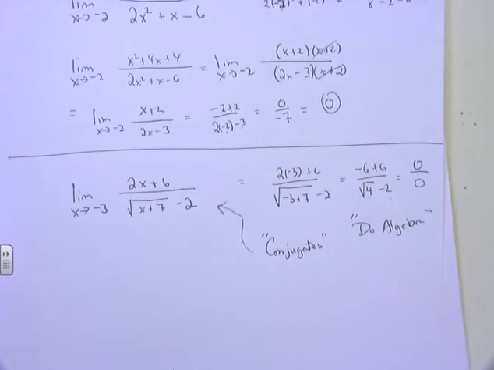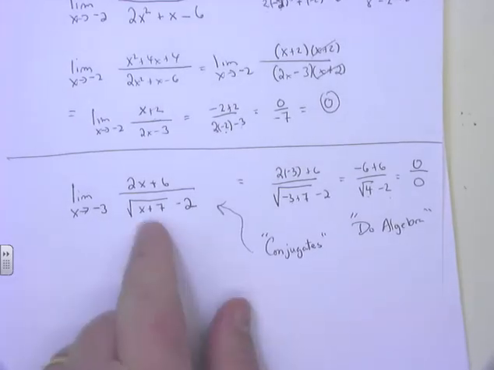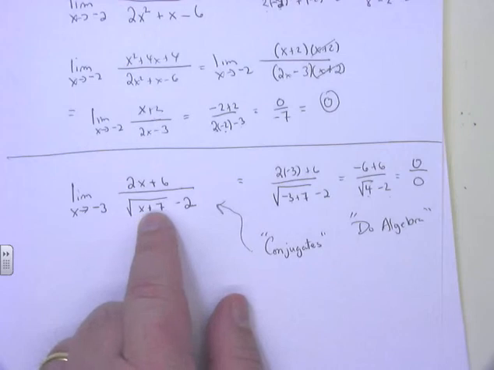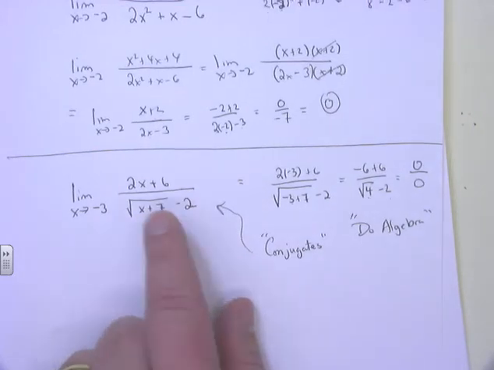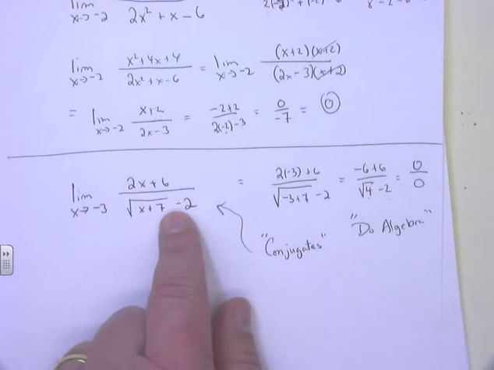What is the conjugate of the square root of (x + 7) minus 2? Square root of (x + 7) plus 2. You change the sign of the middle guy. Have you guys heard of this conjugate stuff before? We did it when we had complex numbers back in our college algebra days.